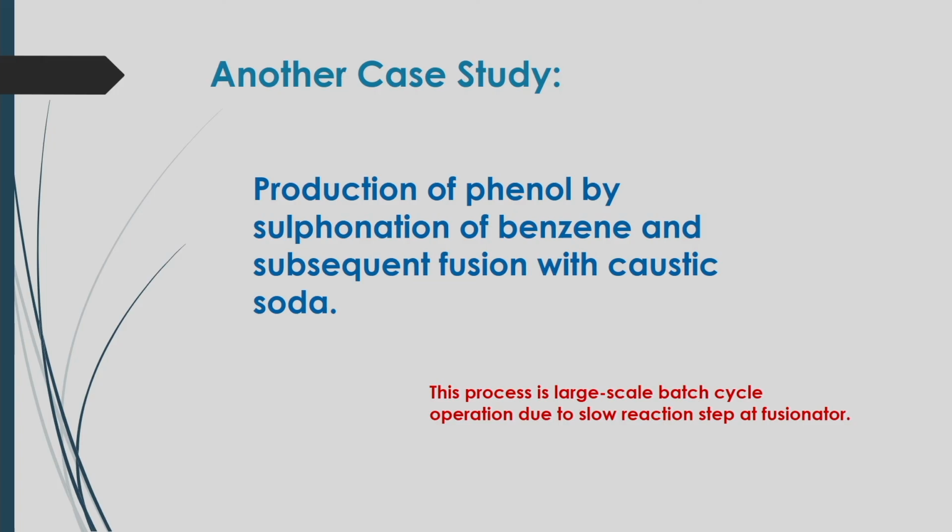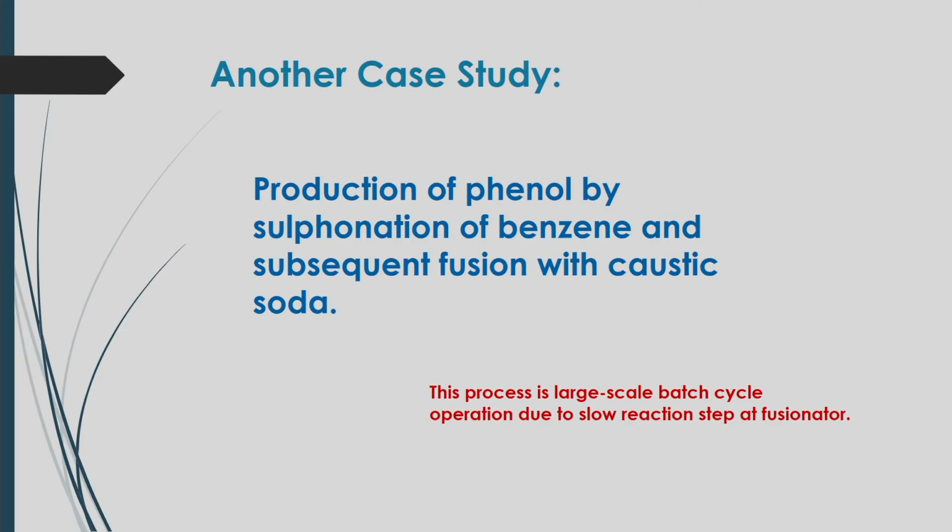like production of phenol by sulfonation of benzene and subsequent fusion with caustic soda. So, you can produce that phenol from benzene by the sulfonation process and also subsequent fusion with caustic soda.